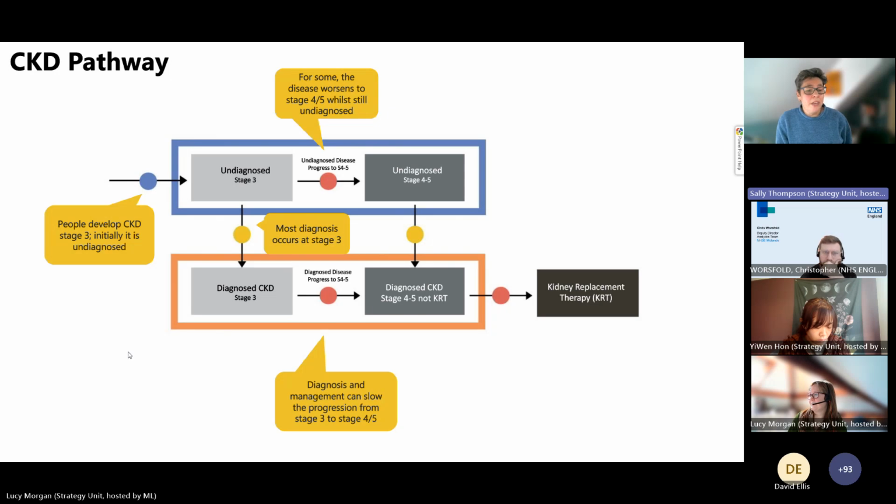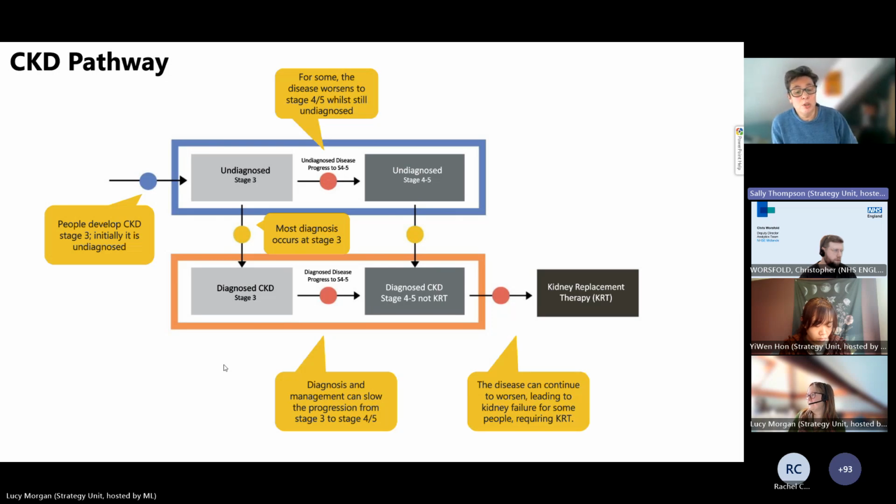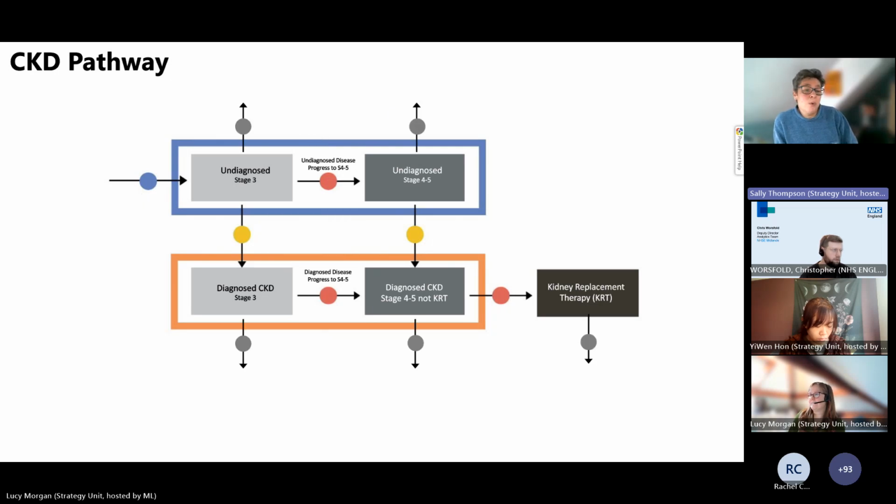And then once you have been diagnosed, management of the disease can slow your progression and also possibly reduce the mortality. And then a small number of people's disease will progress to the point where they need kidney replacement therapy. So that was the pathway that we modelled.